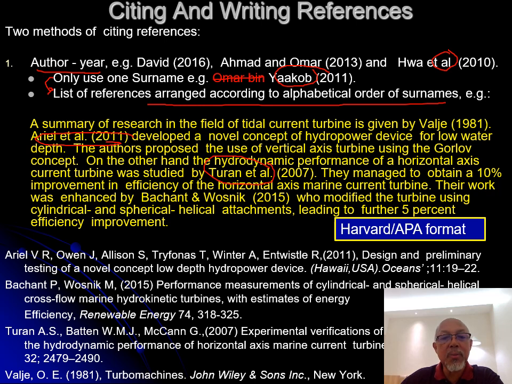So the dot must always be correctly put. Some people put a dot after et, like et dot al dot, or et dot al. There's no dot after et. The dot should be after the al. So it means others. If you have 3 or more authors, then you use et al.